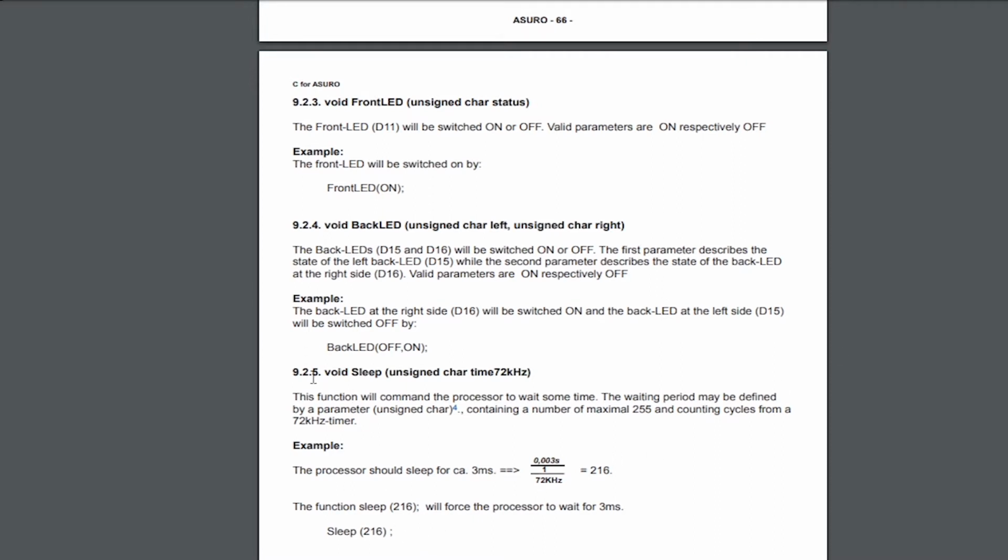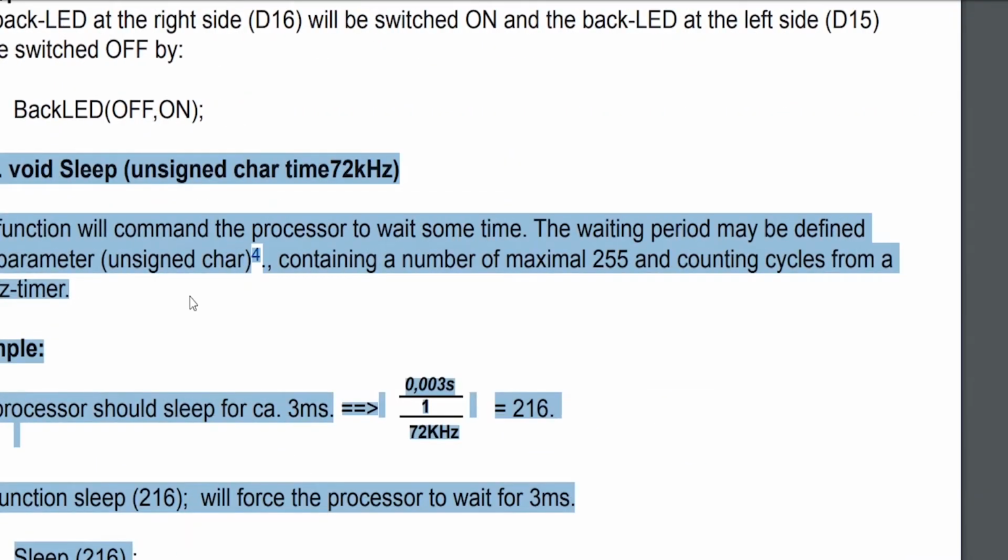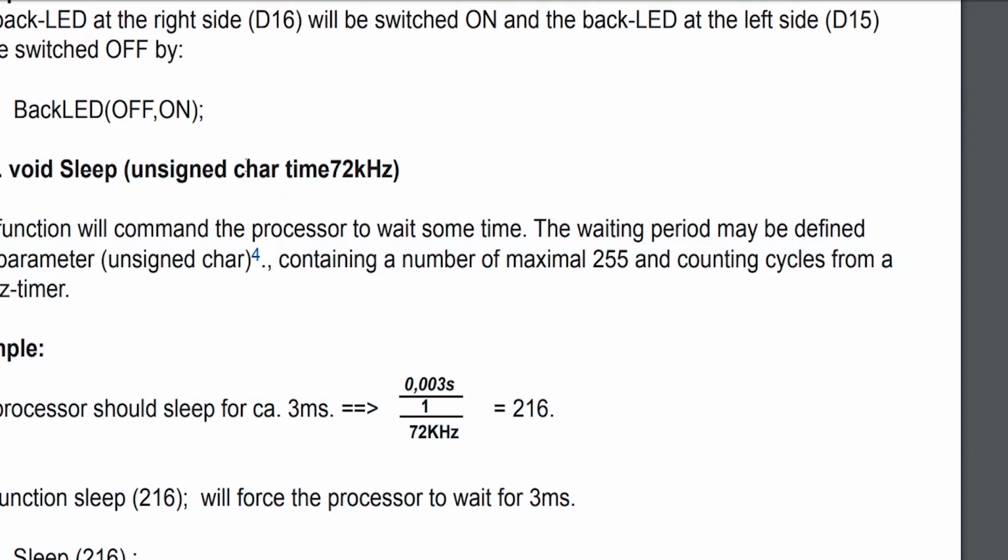You'll see it here, 9.25. Void sleep, unsigned character. This function will command the processor to wait some time. The waiting period may be defined by a parameter, in these brackets, containing a number of maximal 255 and counting cycles from a 72 kHz timer.